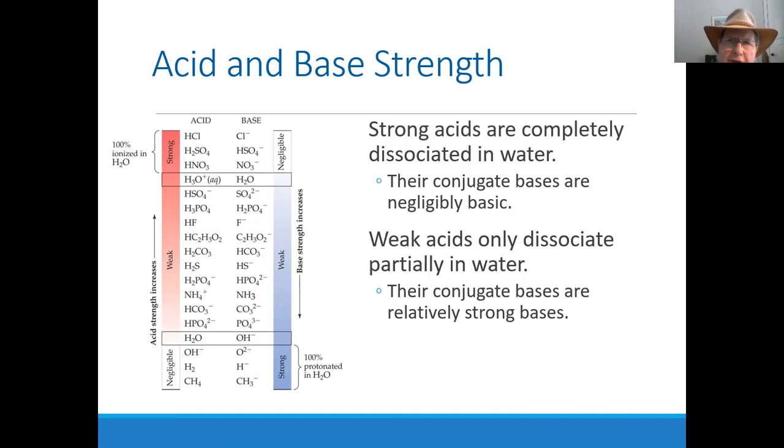What this means is that the F minus can readily grab the H off of H3O plus to remake the HF. So if I have a weak acid, the conjugate base is relatively strong. Strong acid, weak conjugate base. Strong base, weak conjugate acid. Weak base, strong conjugate acid. Do we have this concept down?